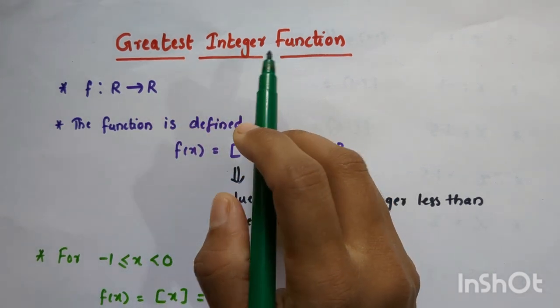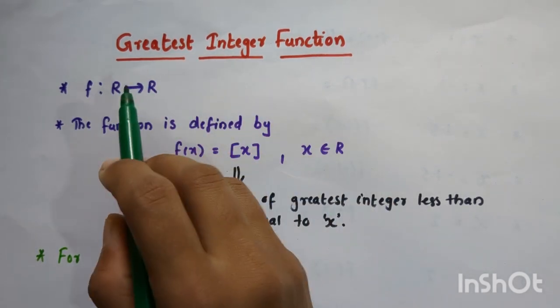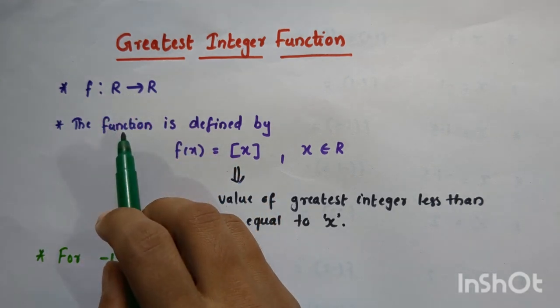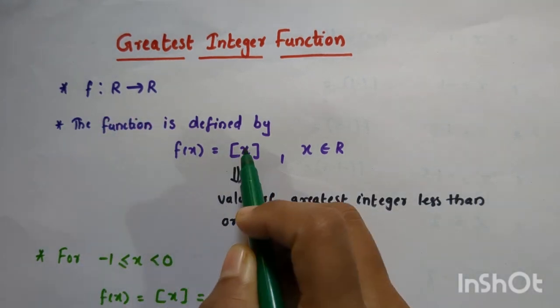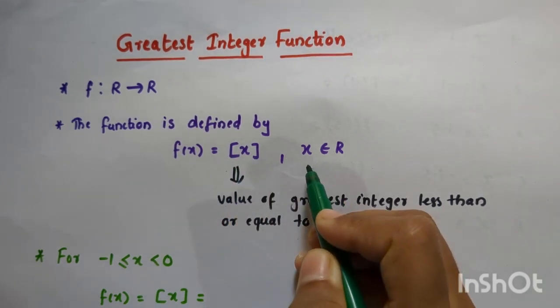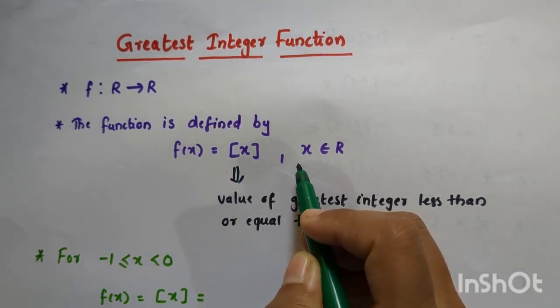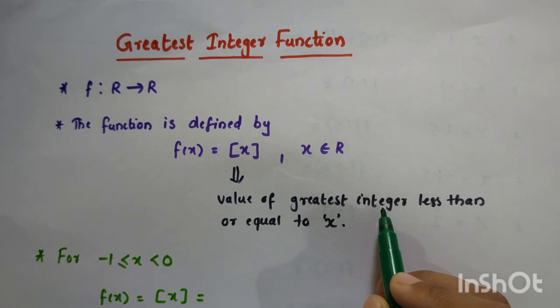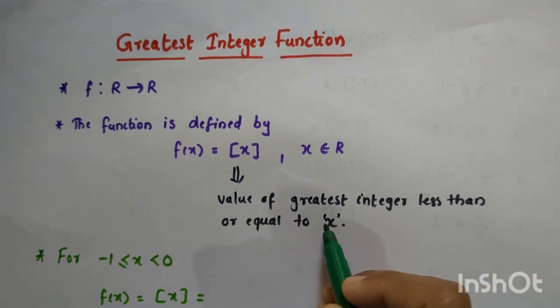This function is defined from the real number set to the real number set, R to R. The function is defined by f of x equals [x], where x belongs to the real number set. This [x] gives the value of the greatest integer which is less than or equal to x.